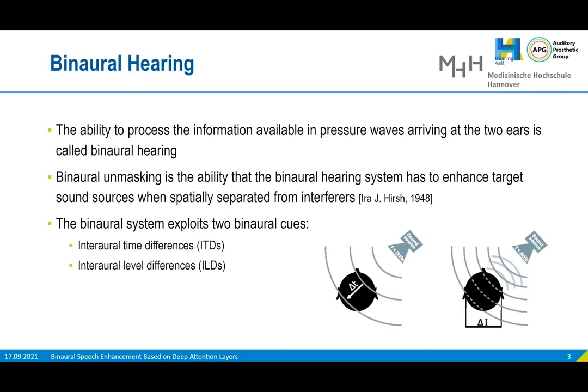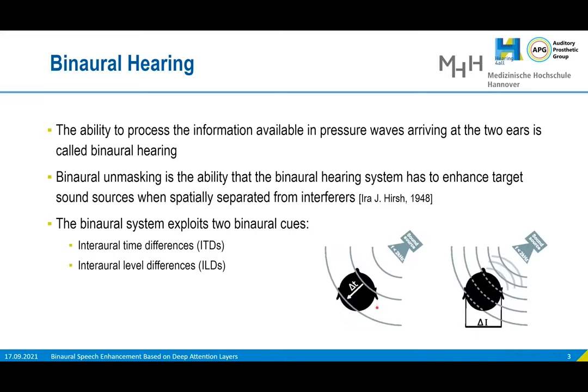The binaural system makes use of two cues: interaural time differences, or ITDs, and interaural level differences, or ILDs. We can see these two effects depicted. ITDs have to do with the difference in arrival time of the sound on each side for a sound that is not coming from the front.